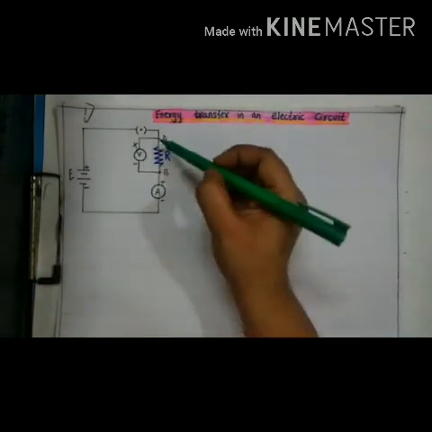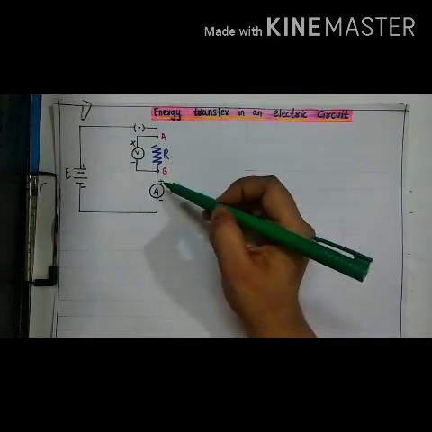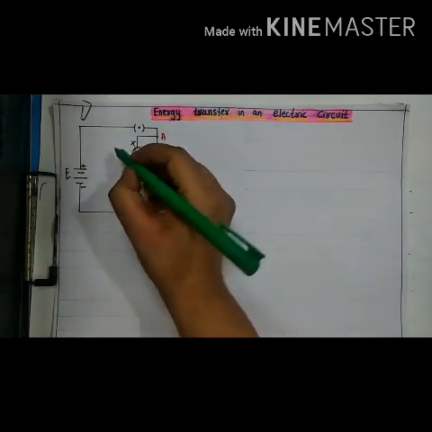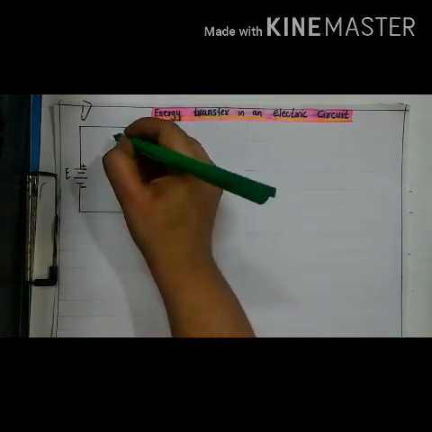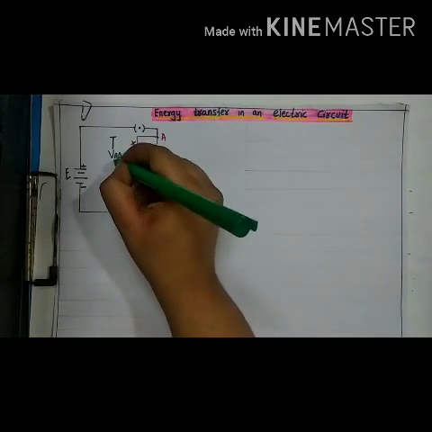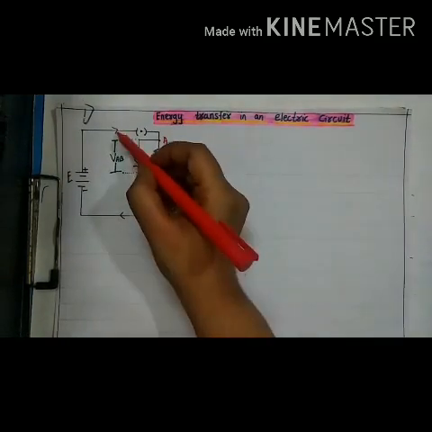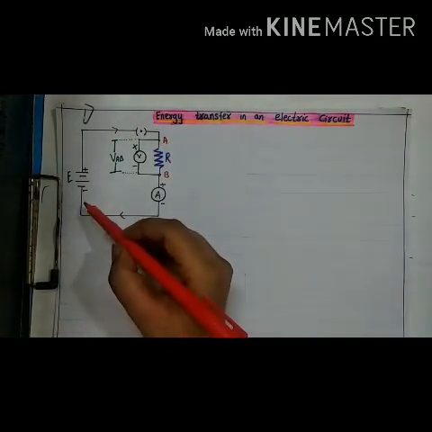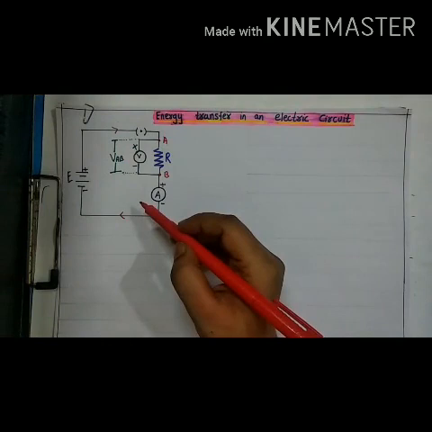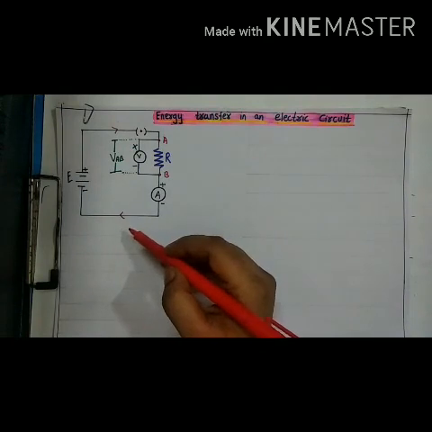Now, let's say the potential difference across the length AB is denoted as VAB. The arrows indicate the direction of the current flowing through this circuit. Now, we have to calculate that if the current passes in this circuit, how much heat is produced in this resistor.